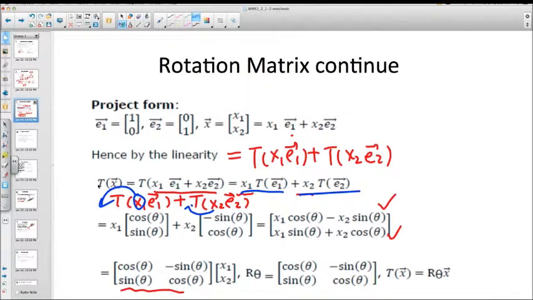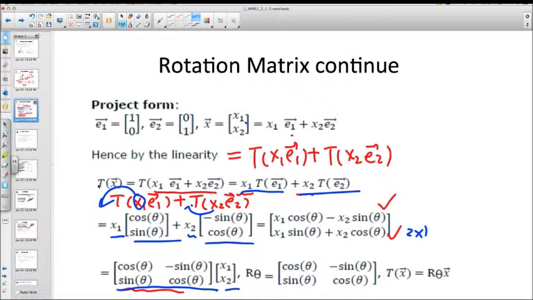So whatever x is, x1, x2, all I need is x1 times the first transformation we got a moment ago, plus x2 times the second transformation. Then we can write it in this form. This is a two-component vector, and it equals this rotation matrix times x1, x2.